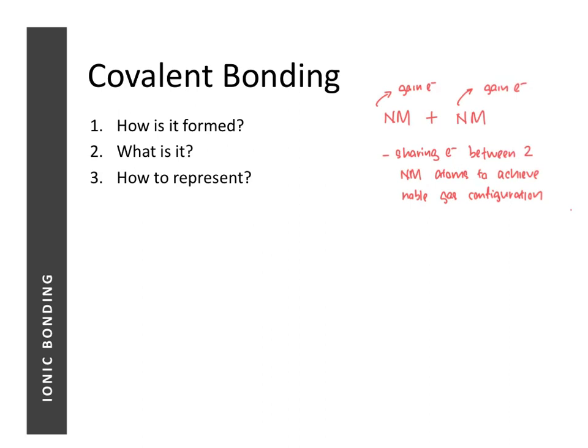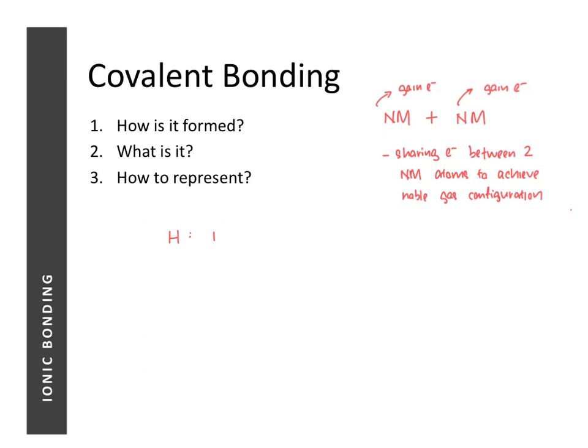The simplest example would be hydrogen. Hydrogen has one electron only, so this is the electronic configuration of hydrogen. Is it stable? Answer is no, because it doesn't have a fully filled valence shell. So hydrogen as an element cannot exist as an atom.